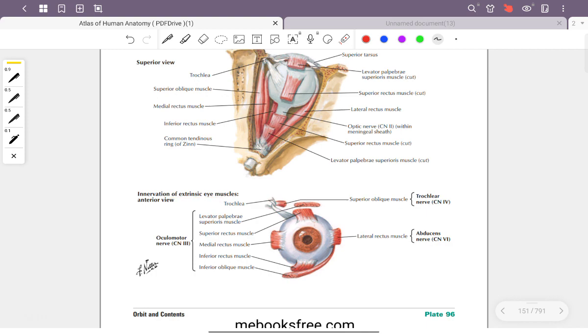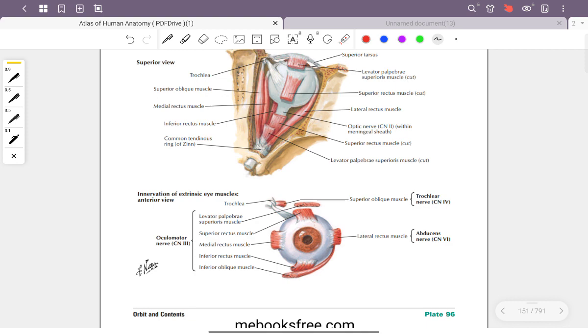So this shows the innervation of the eye muscles. You can see the trochlear nerve, CN4, and there is the abducens nerve, which is connected to the lateral rectus muscle to move the eye laterally. We all know that the function of a nerve is to give the signal to do something.